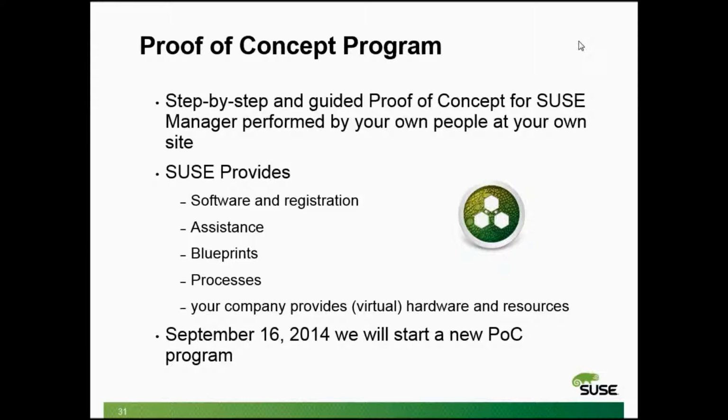If you want to participate, it's going to cost you like 12 weeks total time, and that's including setting up the complete environment, which has, of course, the software and also the registration keys. But we will also help you step by step with setting up the blueprints and the best practices.